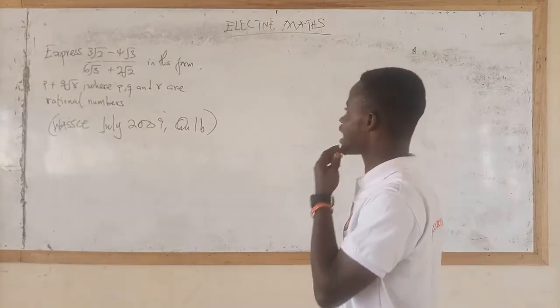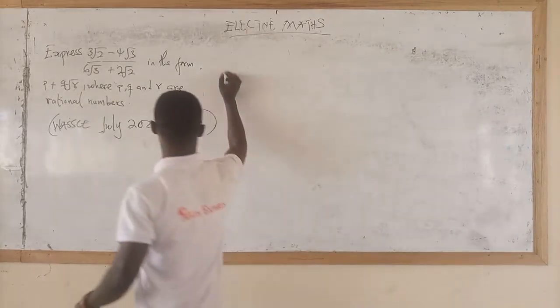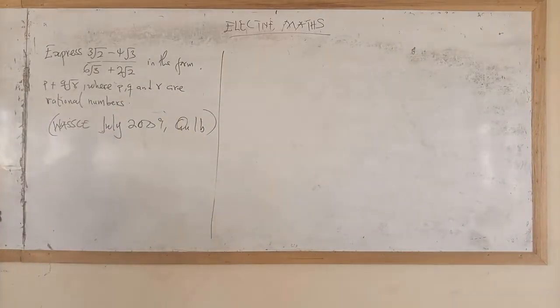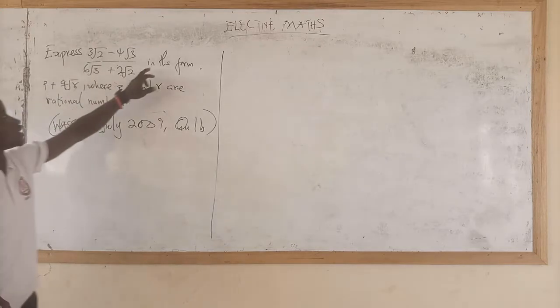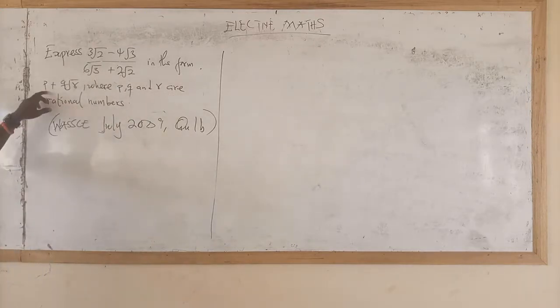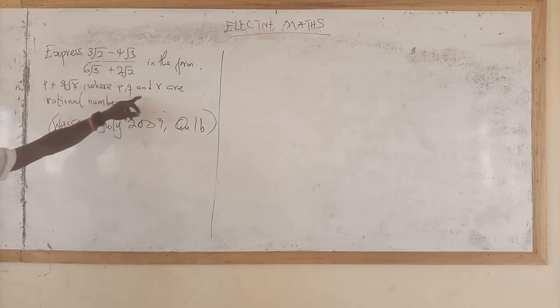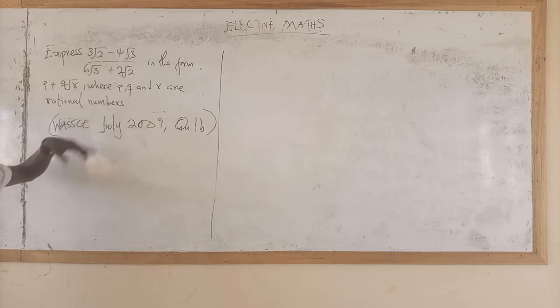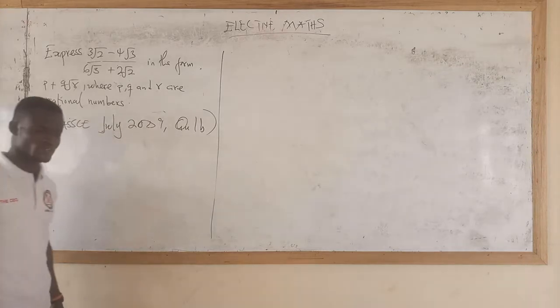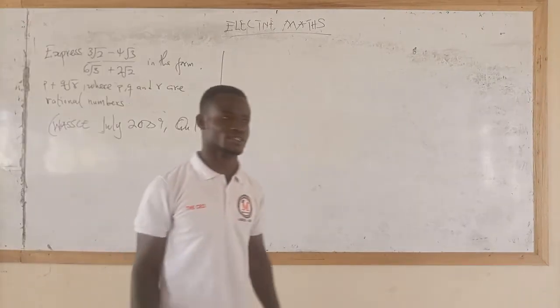Alright, so now let's move on. You have to express this in the form P plus Q square root of R, where P, Q, and R are rational numbers. Now, there are some students who don't take their time when they solve this question.